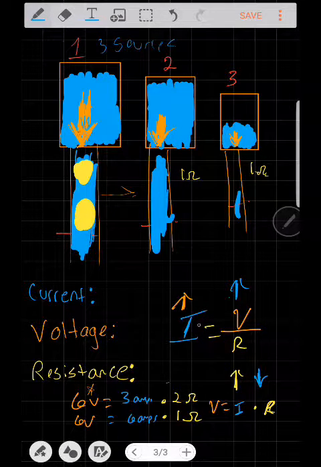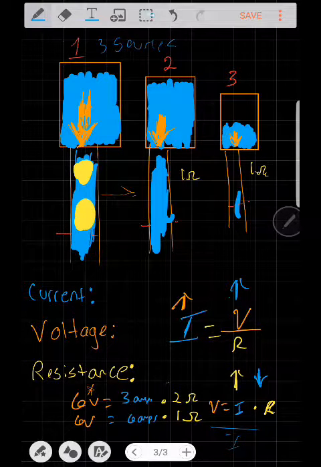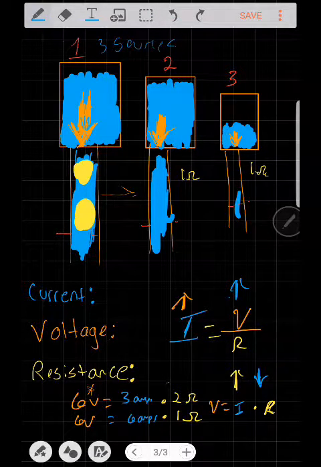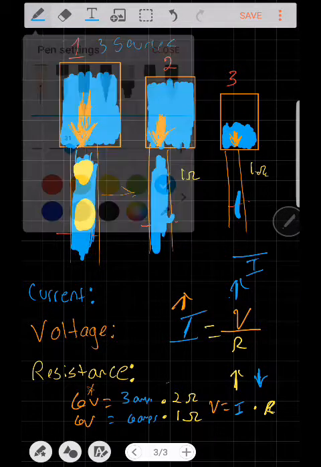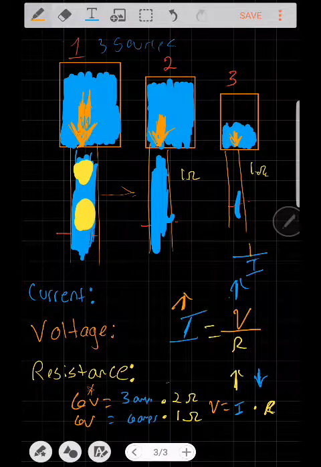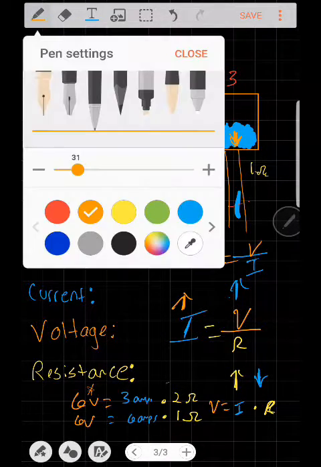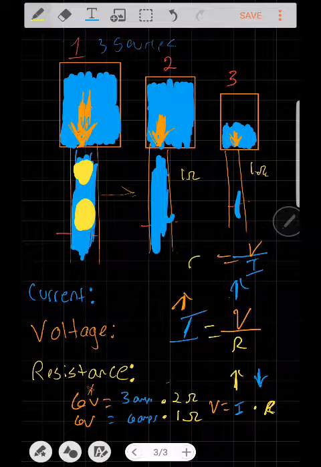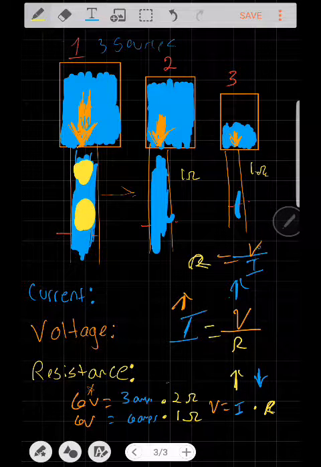So what would happen here? I've got I by itself, I got V by itself, but I don't have R by itself. How would I get R by itself? Well, I would divide both sides of the equation by I. So divide by I, it crosses out, and I would get V over I equals R. And the same thing, remember, when one thing is being divided by something else, they have a direct relationship.